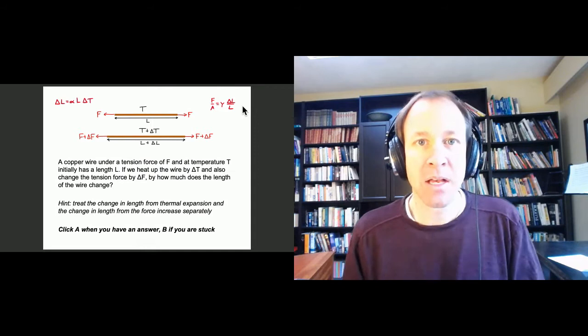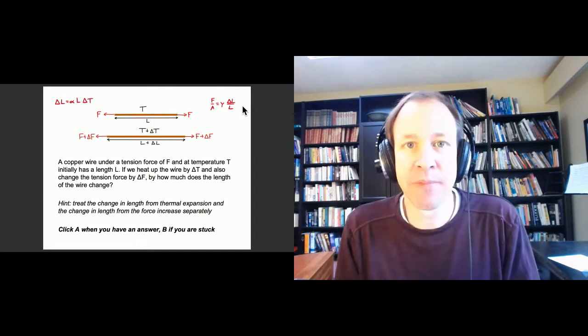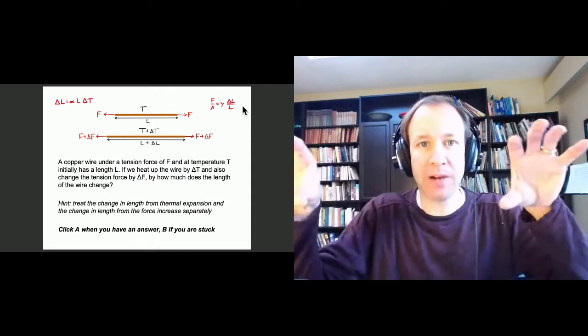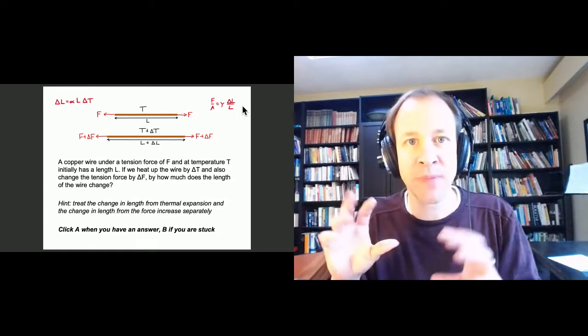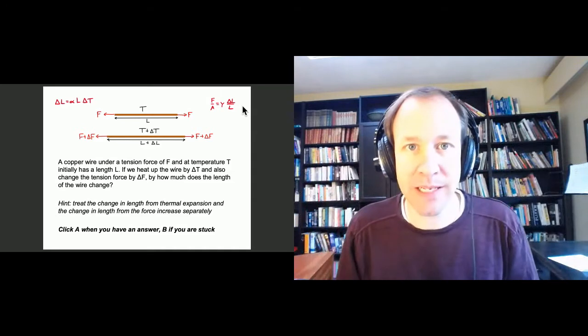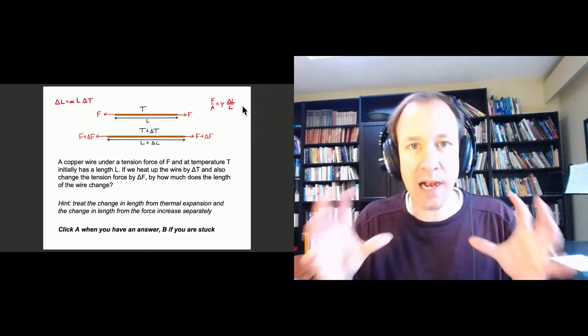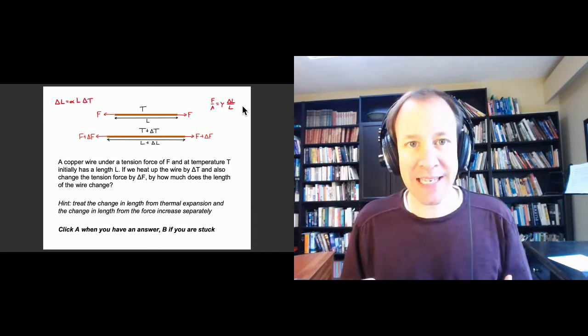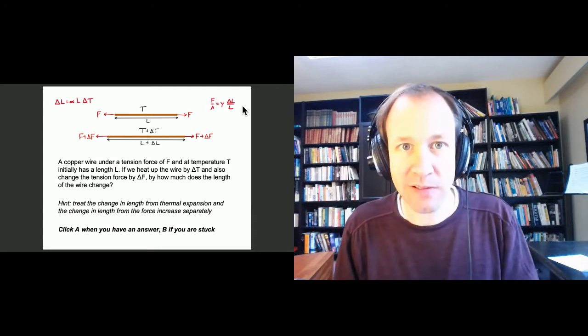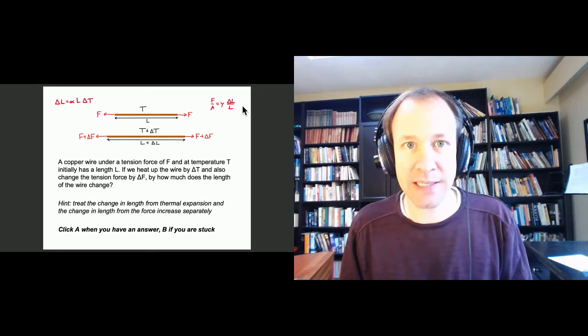Okay. So the problem that we're going to tackle is going to involve multiple parts in a system. And these parts are exerting forces on each other, and they're all undergoing thermal expansion. And so it's quite complicated on the surface. But what I want to emphasize is the problem-solving strategy that I mentioned in a previous lecture.